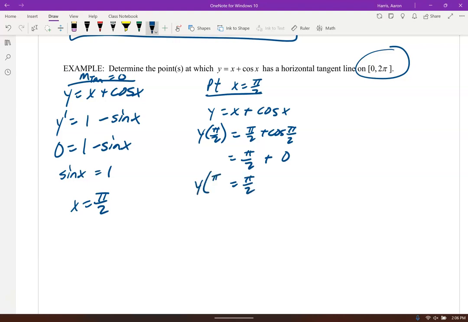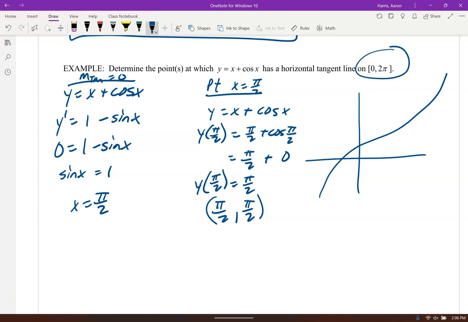So y of pi halves is pi halves. So it's at the point pi halves, comma pi halves, right? So again, whatever this looks like, yeah, that's terrible too. Maybe it's like this, right? But this happens right at pi halves, and the y value is also pi halves, okay?